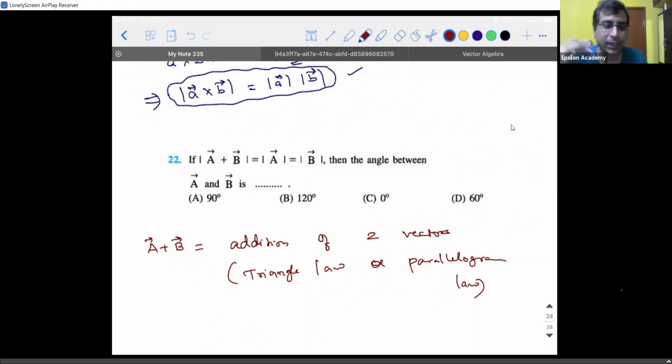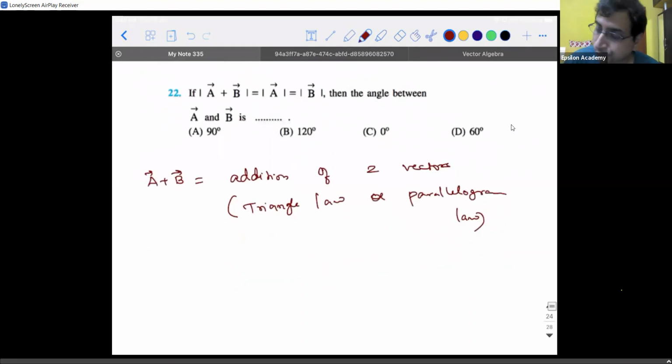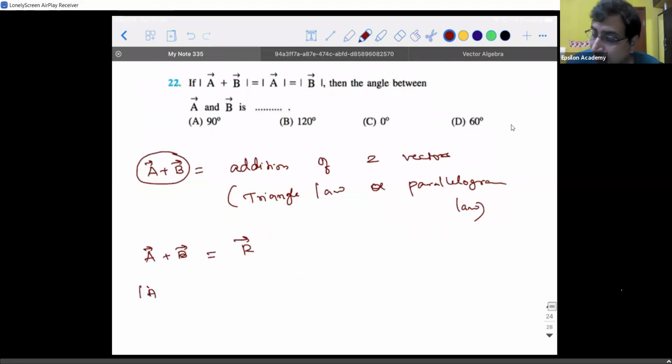Triangle law of addition and parallelogram law of addition are the same. Correct? So, A vector plus B vector, if I call it R vector, which is the resultant vector, then what is the magnitude of A vector plus B vector, guys? Is it not the magnitude of R vector? Using which law did we find the magnitude of the resultant?